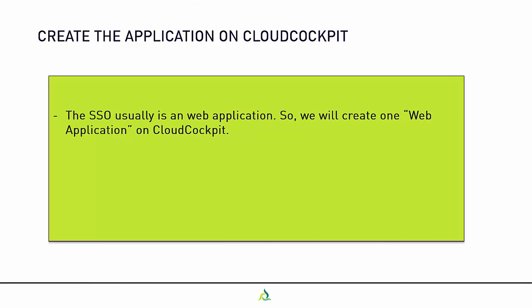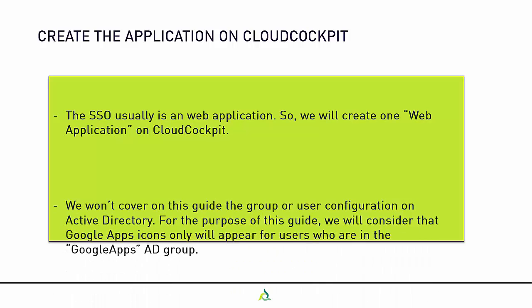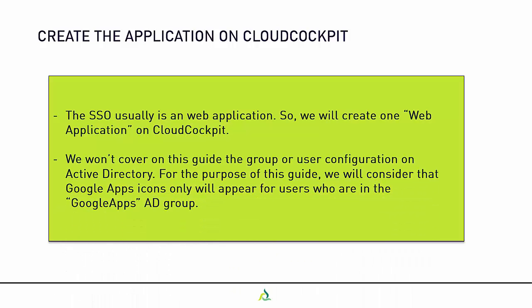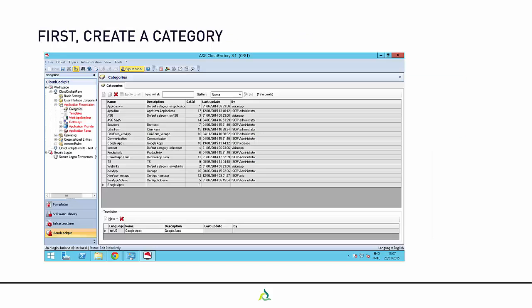The SSO usually is used in a web application, so we will create a web application in CloudCockpit. We won't cover how the group configuration is done in Active Directory, because this is similar to other configurations done for other applications like Citrix, App-V, RDS, and other web apps.